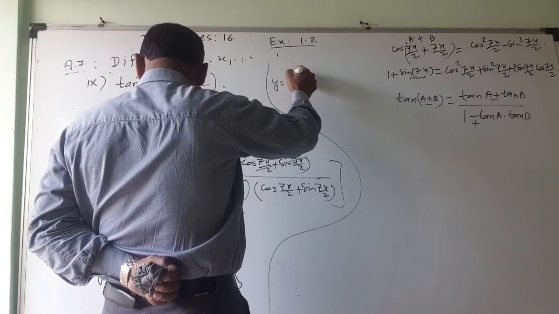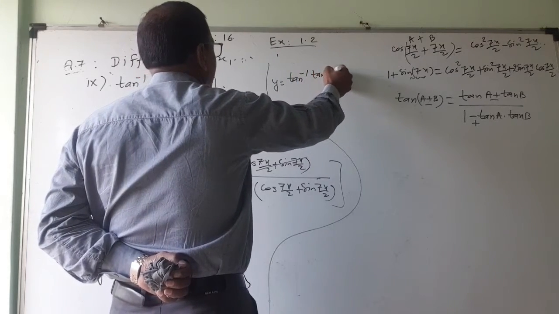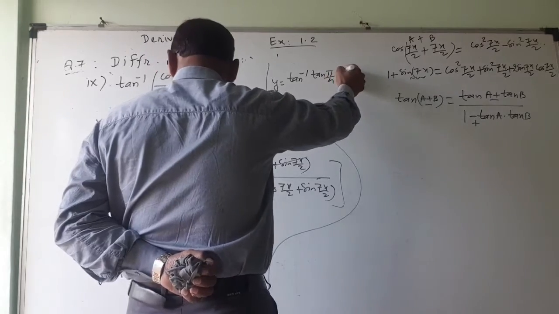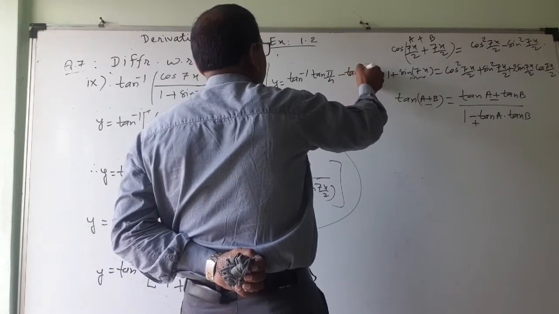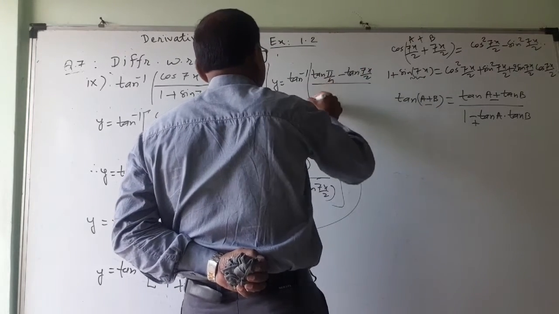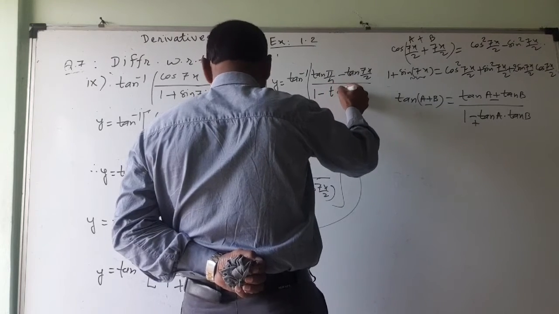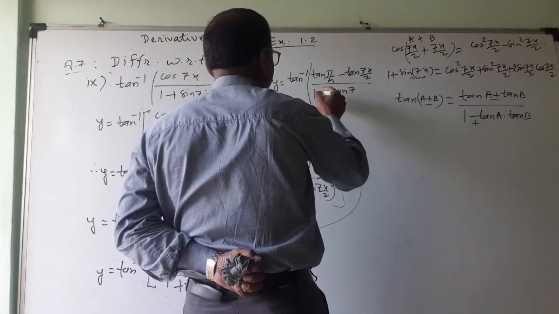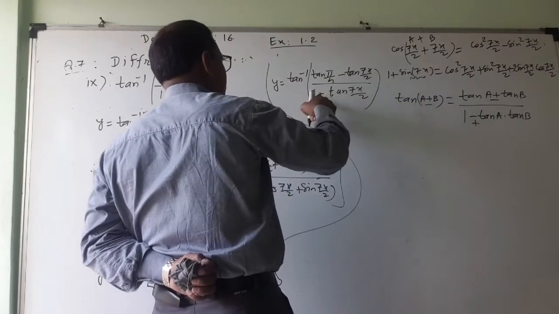So y is equal to tan inverse of tan of pi by 4 minus tan of 7x by 2 upon 1 plus tan of 7x by 2. Now here it is minus, so here it will be plus.